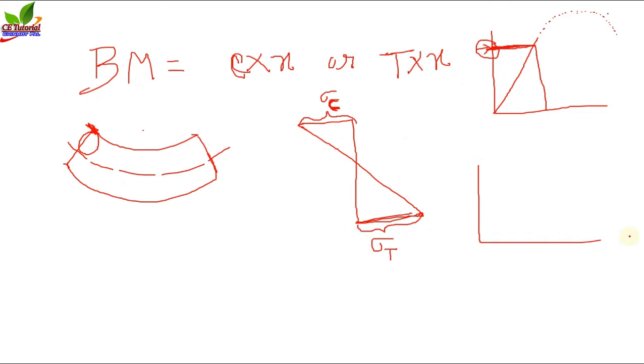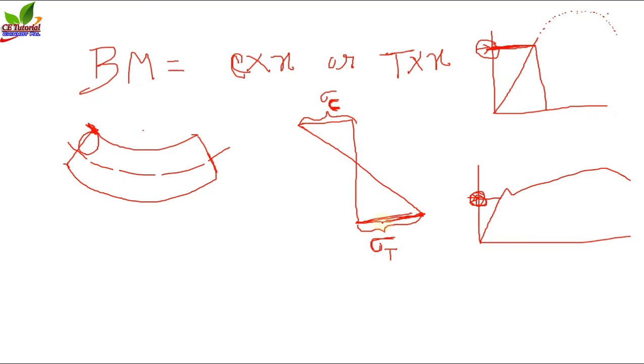And suppose this is the stress strain curve of mild steel. If the value of sigma t exceeds this value, then the material, that is the reinforcement, will fail.